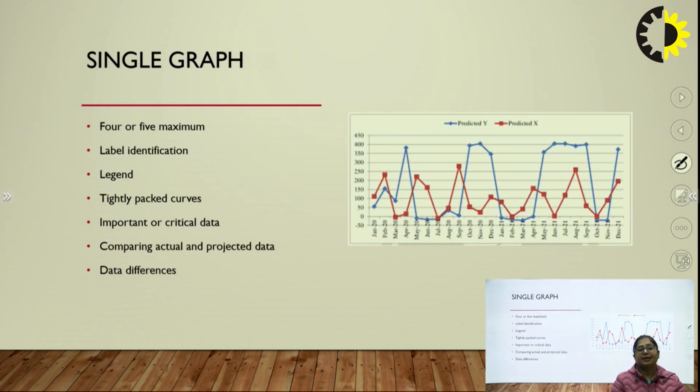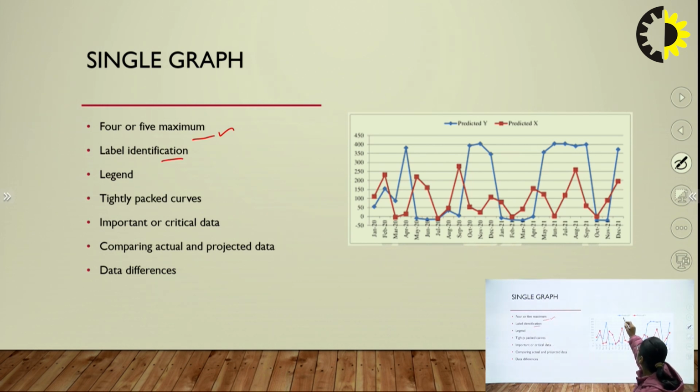So next is the single graph. What is the single graph? In a single graph, we can use 4 or 5 lines maximum. A single graph is a combination of line graphs. Here not a single line is present; 4 to 5 maximum lines are present. For label identification, for every line you have to do the label.